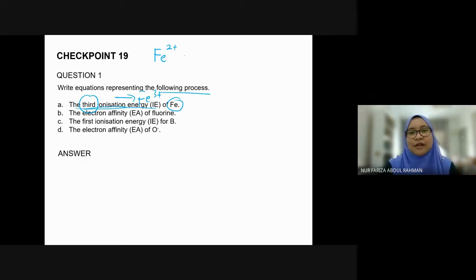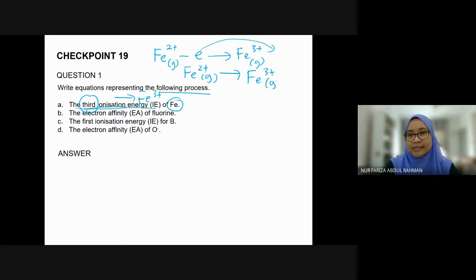Okay, alright, so remove electron, dia jadi Fe3+. Don't forget the state, guys. Wajib, tak ada state salah. Okay, alright, so we transfer this to the other side, it becomes Fe3+ gas plus electron.